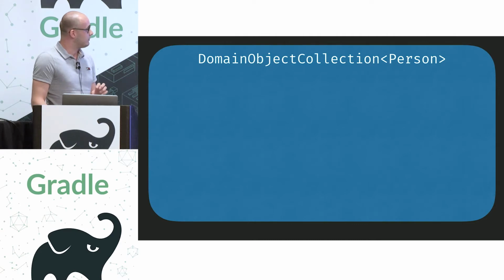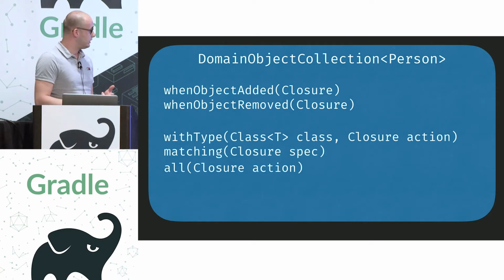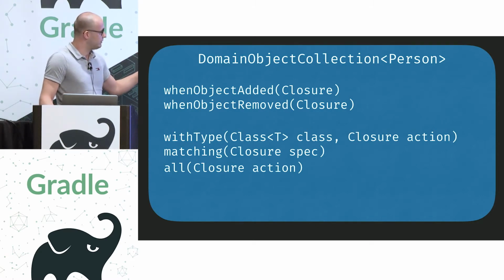Okay, next up, on this named domain object collection we have listening features. So we can listen on whenever objects are added, removed. We can filter by name by matching some specification and all. And these three methods are important because they're so-called live collections.